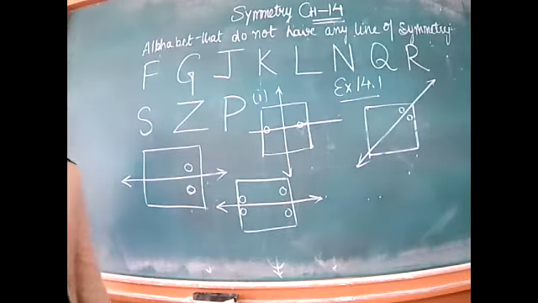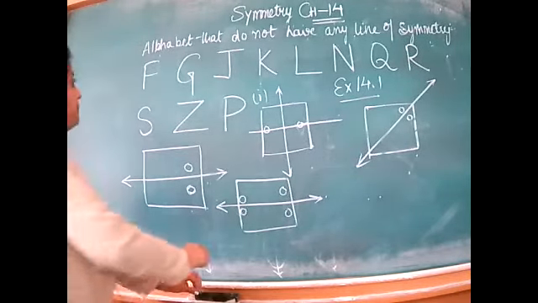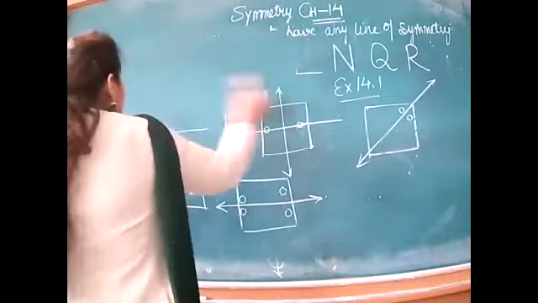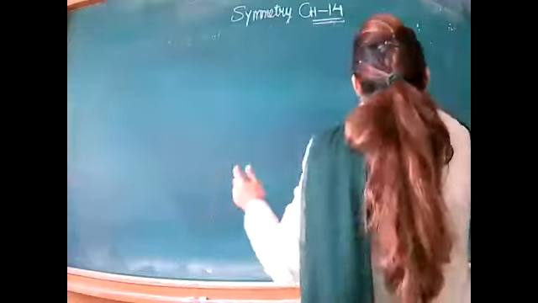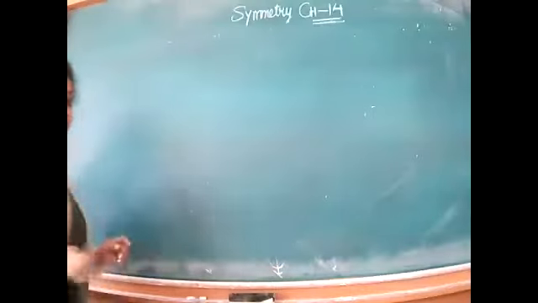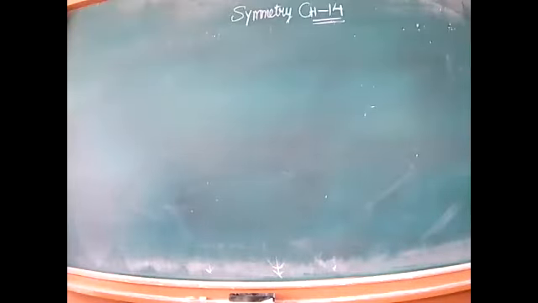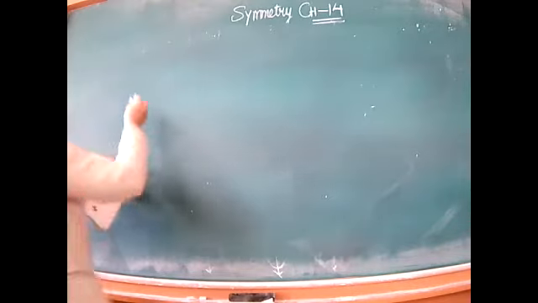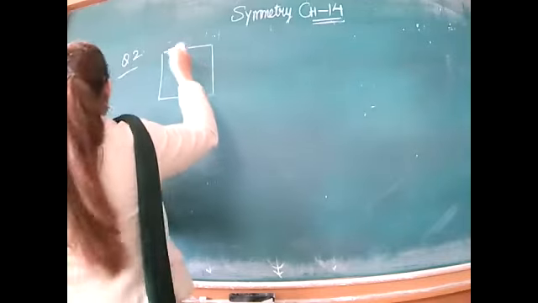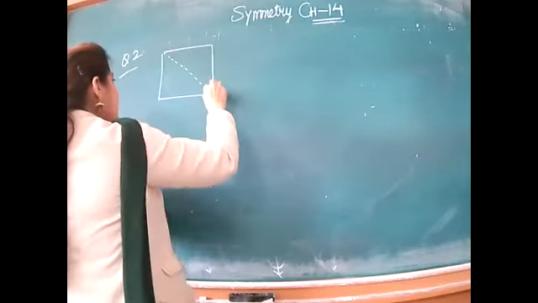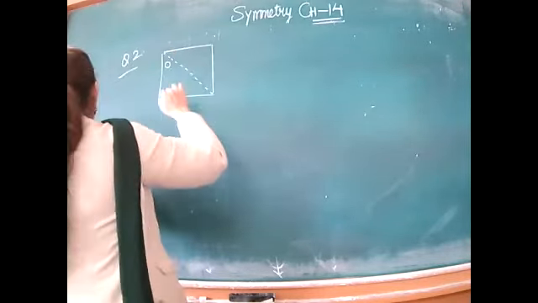Have you completed the first question? In the second question, 1 line of symmetry is given and you have to form the remaining. As many lines of symmetry as you can make, you have to complete it. In this question, a line of symmetry is given and 1 circle is given.